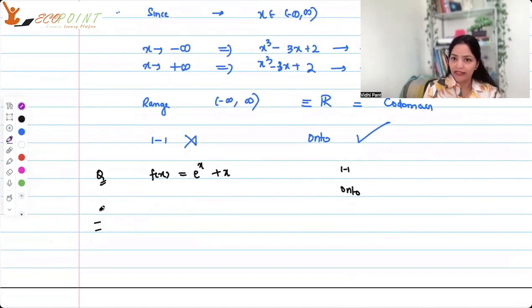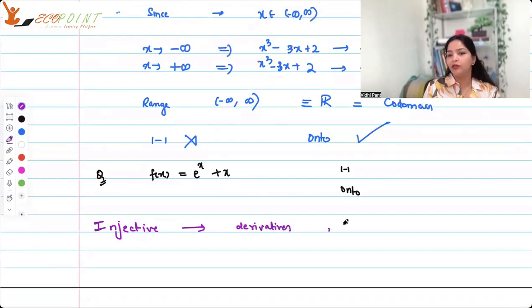From what we have discussed today, I would like you guys to keep the key points with you. In order to check for injective functions, there are two things that you should use. You should use derivatives, or you can also use the horizontal line test.